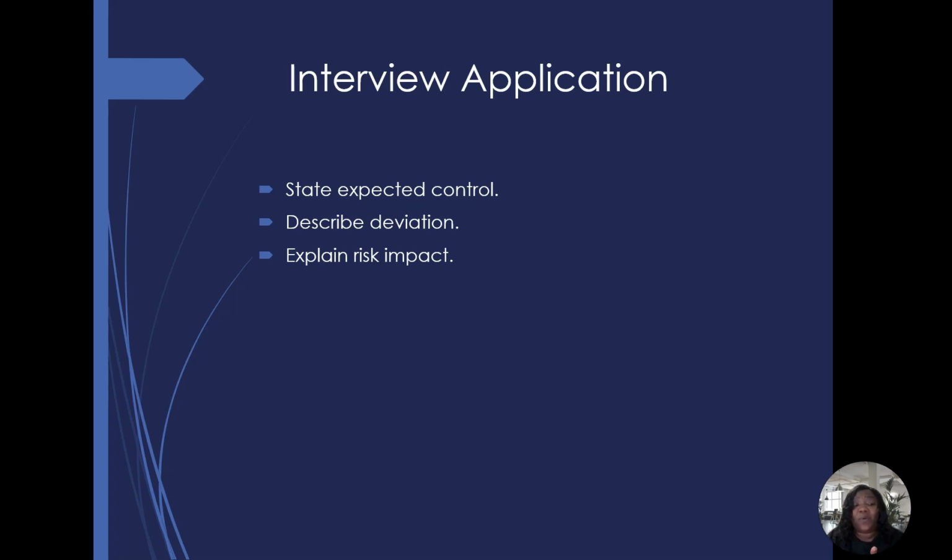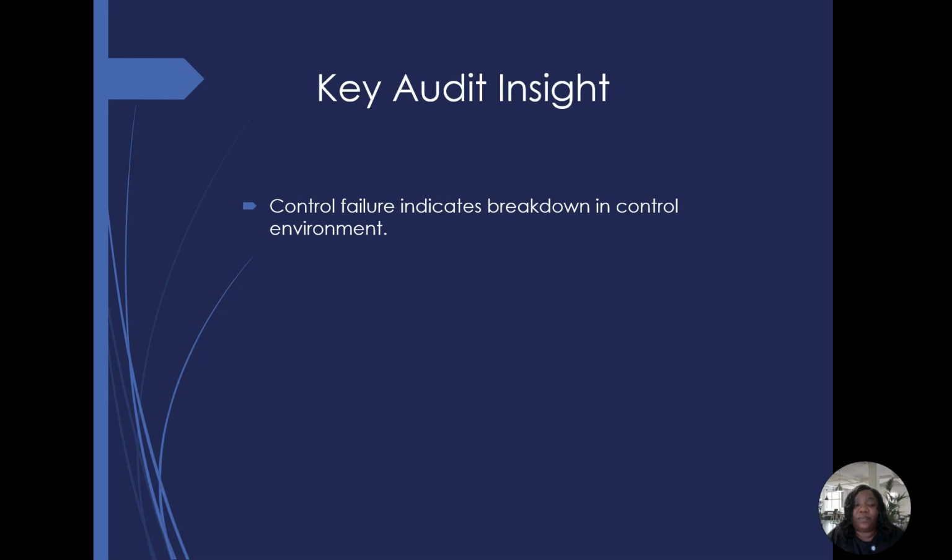Make sure you explain what the control was actually expected to do, what you observed while you were testing, and why the deviation represents a risk. The last one is very important. You need to explain clearly: here's this control failure and this is the risk associated with it. Make sure you explain the risk impact.